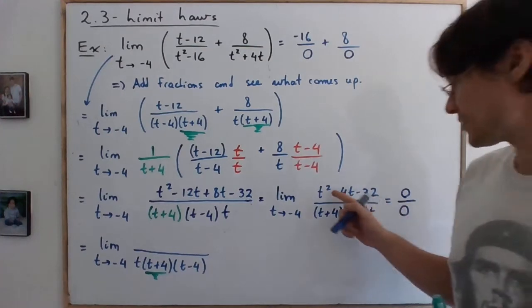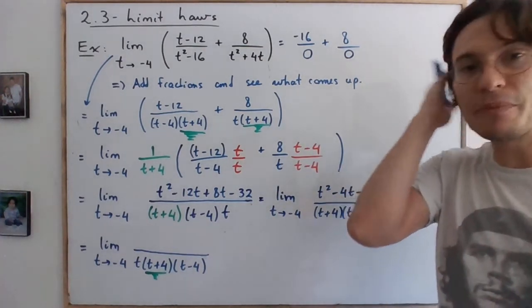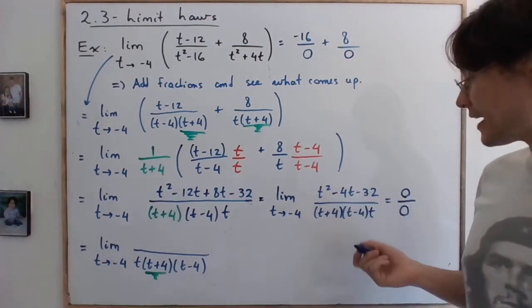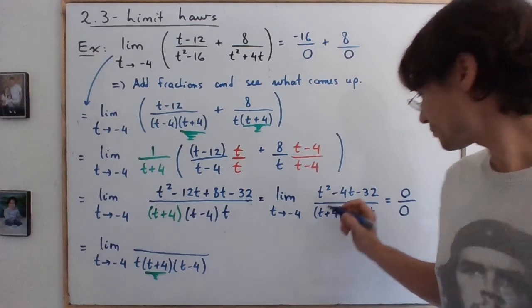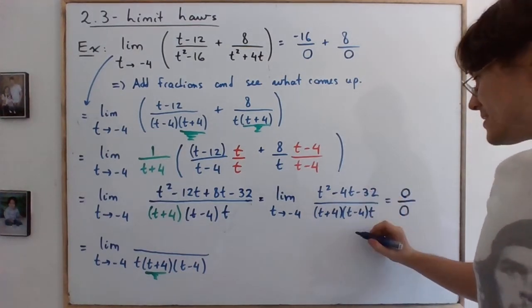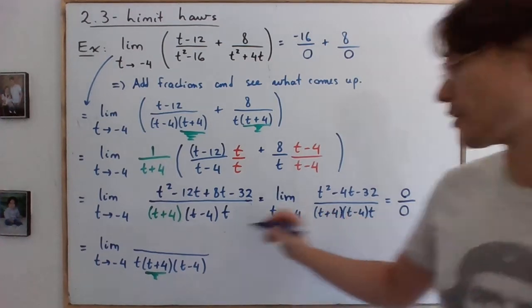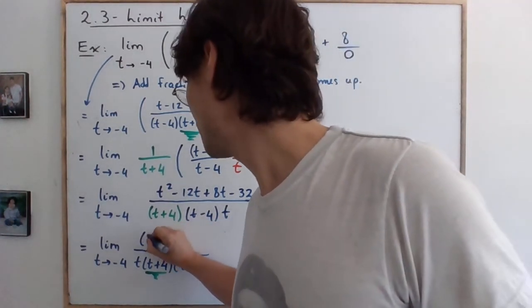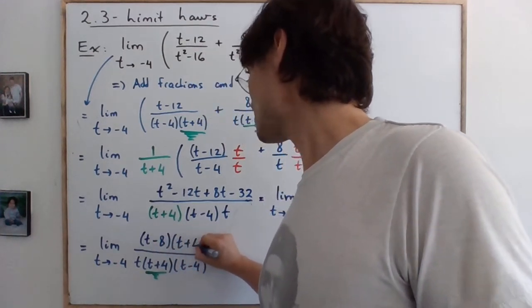With the top, we're going to factor it. It's obviously a trinomial, so we have a good chance to factor this out. As I can see, the two numbers will be negative 8 and 4. So this will factor out to t minus 8, t plus 4.